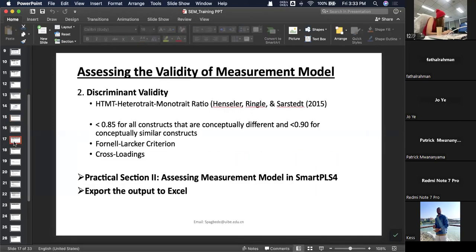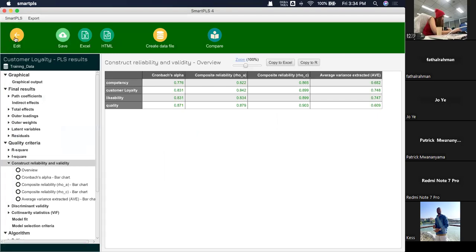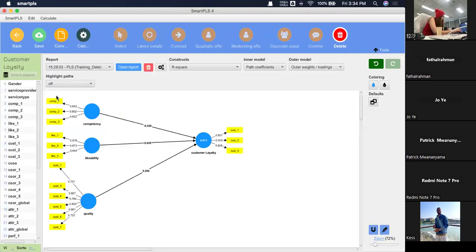Now we go to the next one, which is what we call discriminant validity. The concept of discriminant validity is simply telling us how uncorrelated the indicators of one construct should be from a construct that it's not meant to measure. For instance, in my model, I have designed this construct to measure competency and not likability.